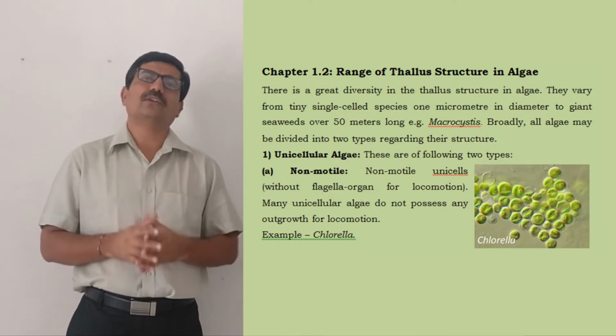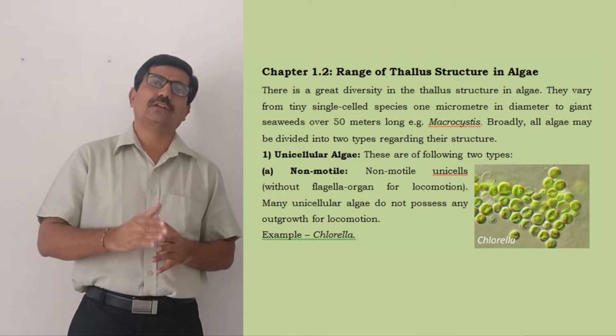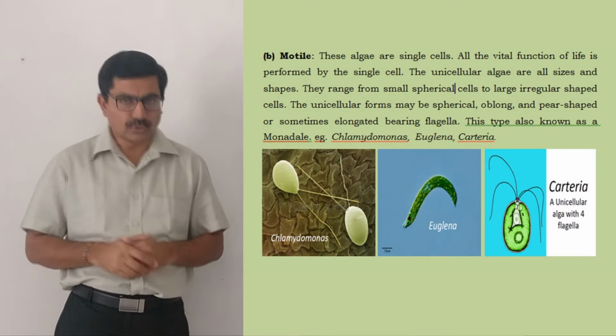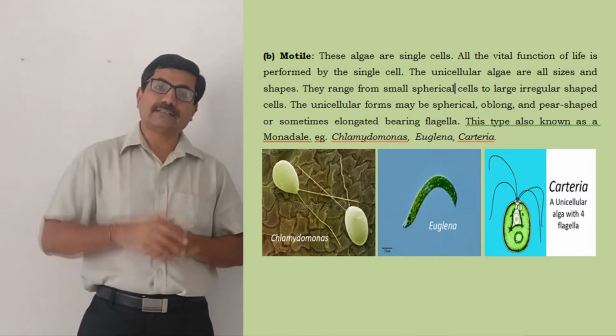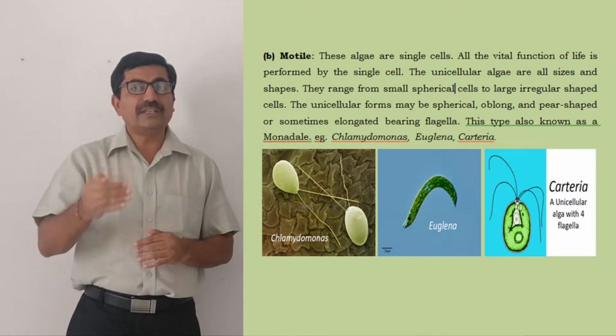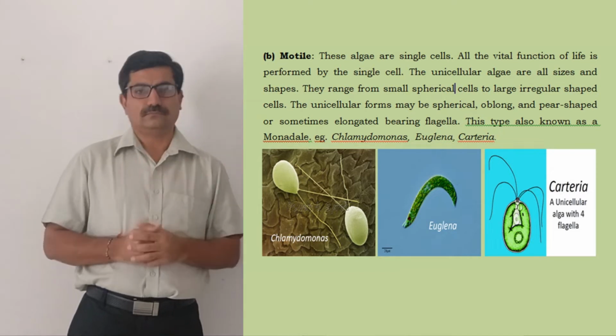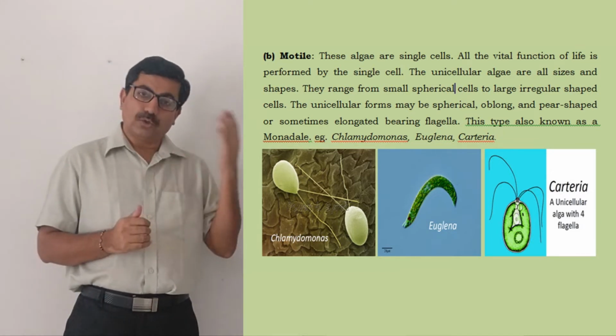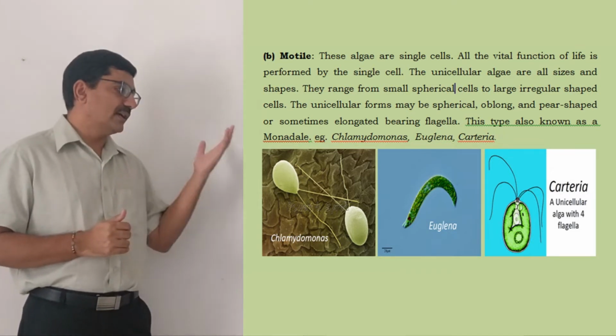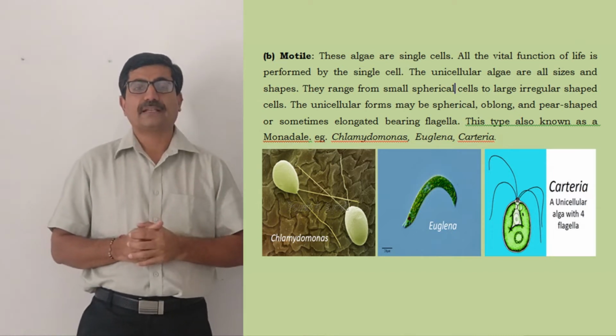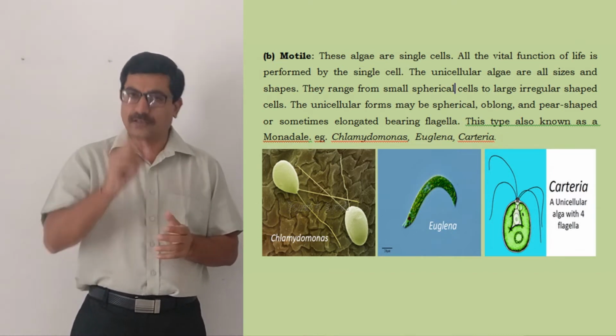That is the meaning of unicellular and non-motile. Second type, unicellular with motile. Look at the photographs: Chlamydomonas, Euglena, Carteria. These are examples of this.